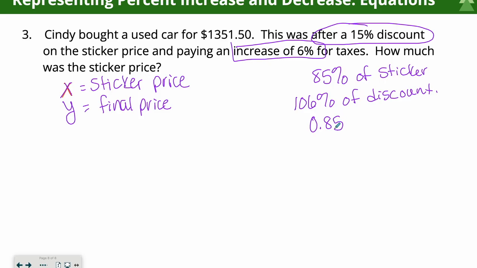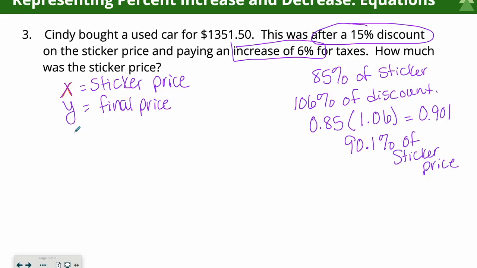85% is 85 hundredths times 1 6/100 gives me 0.901, which means in the end she's paying 90.1% of the sticker price, which tells me my K value is 0.901. The equation would be 0.901x equals y.